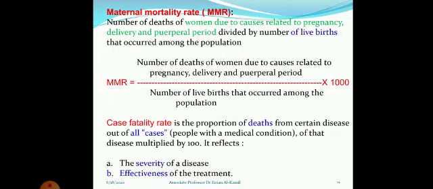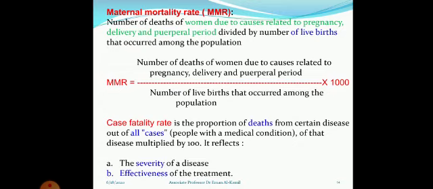In this type of indicator, the denominator is the number of cases of that disease. So it reflects the severity of the disease, how severe or how fatal the disease is, and the effectiveness of the treatment. Also, it is used in the comparison between two institutions.